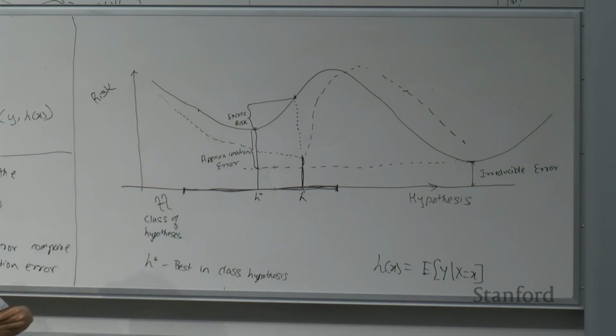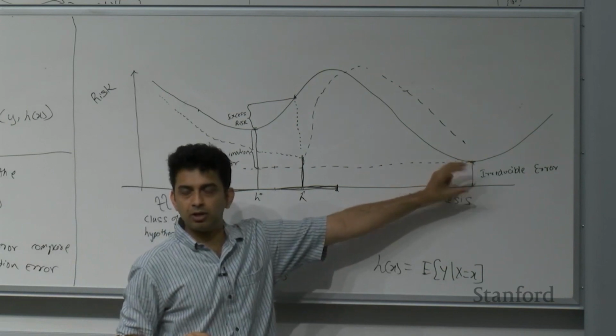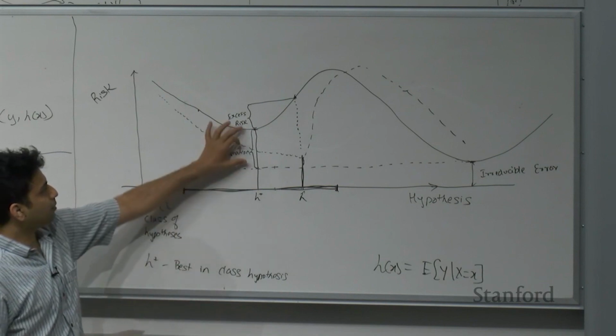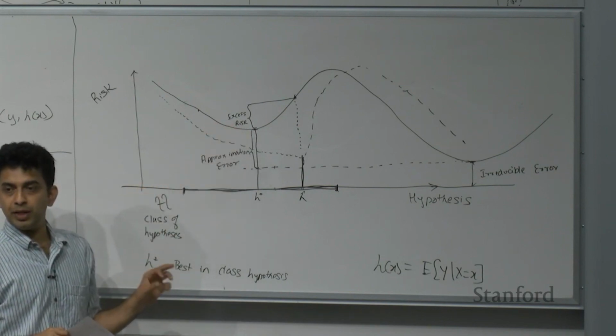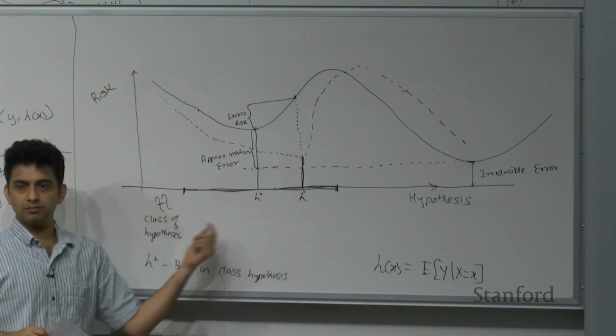So there is one part that is the irreducible error. We cannot do better than that no matter what. There is another part called the approximation error, which is the penalty that we paid by limiting ourselves to a class of hypotheses.